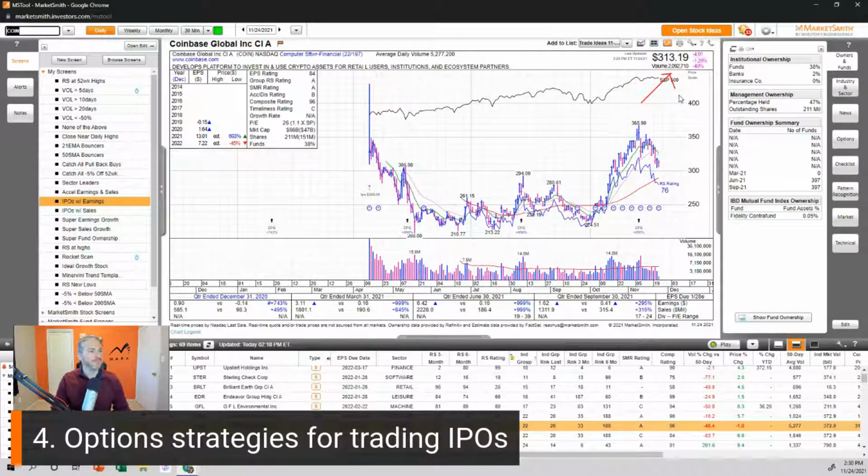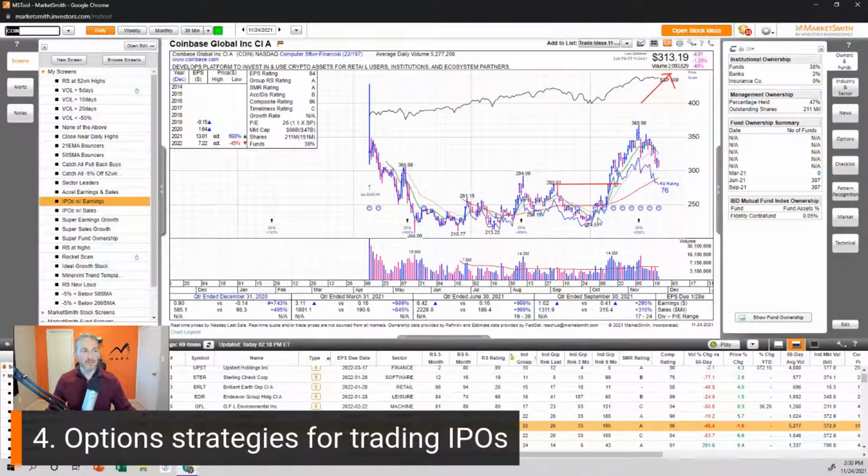And I tend to use options as a stock replacement strategy. So, for example, if I were to buy Coinbase, right, and let's say I'm buying this and I'm using options instead of shares, then what I'm buying it for is that leverage.